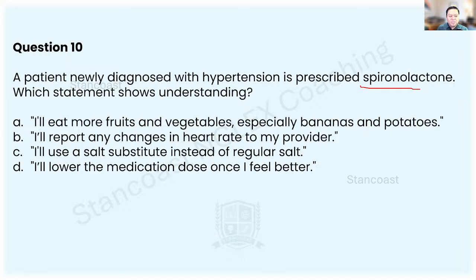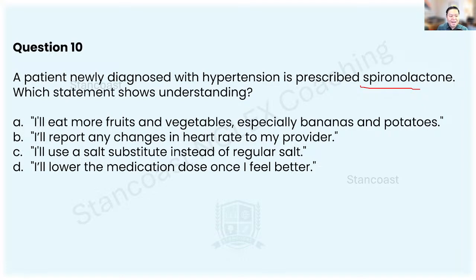The question stated, a patient newly diagnosed with hypertension is prescribed spironolactone. Which statement shows understanding? Is it A, I'll eat more fruits and vegetables, especially bananas and potatoes? B, I'll report any changes in heart rate to my provider? Or C, I'll use a salt substitute instead of a regular salt?